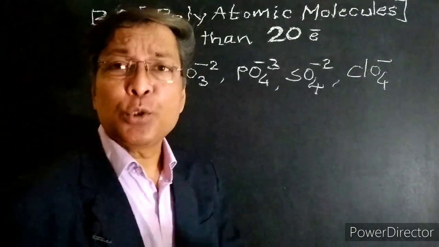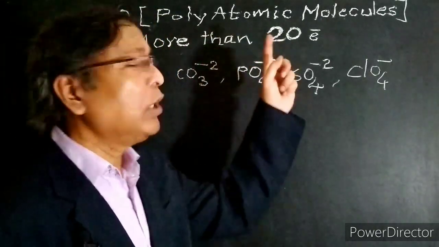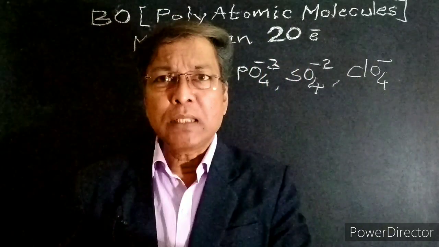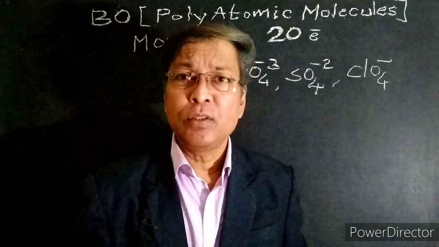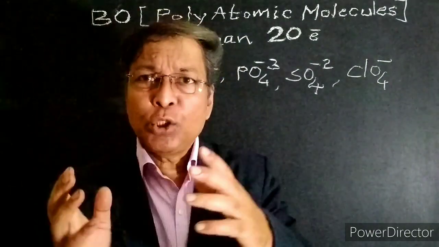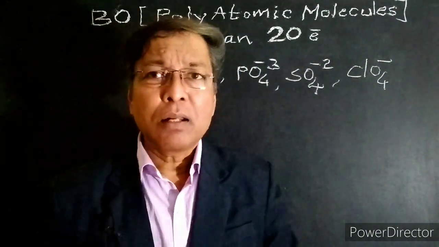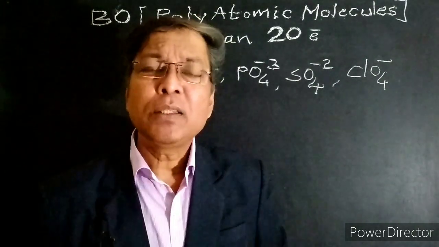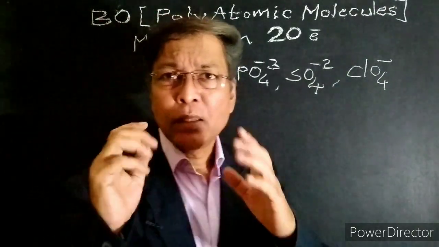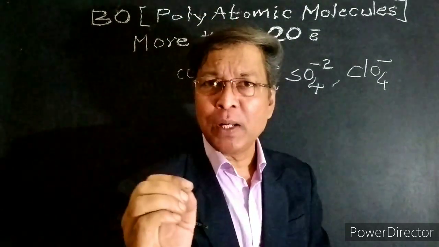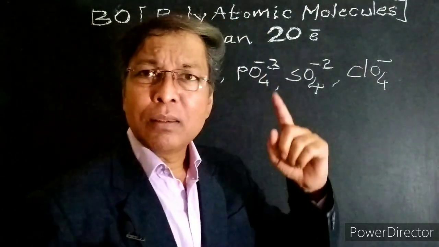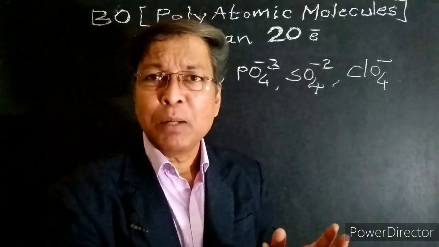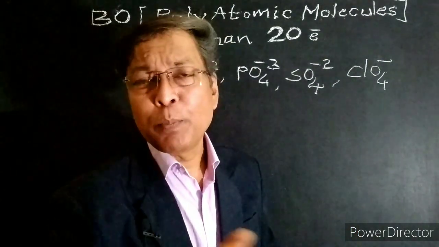There are three methods to calculate the bond order in polyatomic molecules. Two methods are based on formulas and they are theoretical methods. These two methods are time consuming and very difficult. And the third method is the super method, that is the super trick. I'm going to explain how to calculate the bond order of polyatomic molecules by using the super trick.